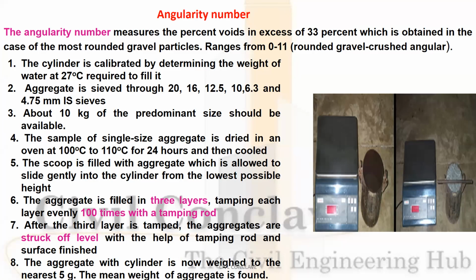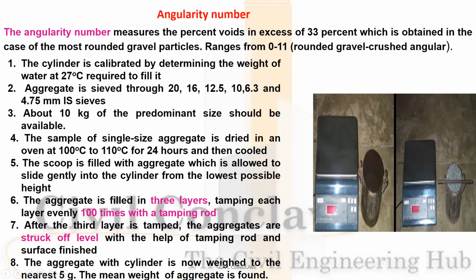Aggregate is sieved through 22.4 to 4.75 mm. About 10 kg of the predominant size should be available. The sample of single-size aggregate is dried in an oven at 100 to 110 degrees centigrade and then cooled. The scoop is filled with aggregate, which is allowed to slide gently into the cylinder from the lowest possible height. The aggregate is filled in 3 layers.